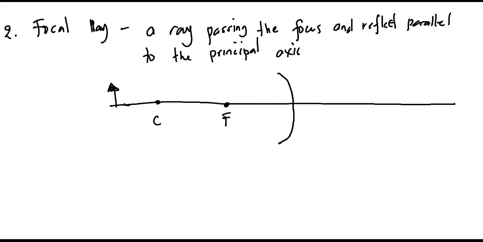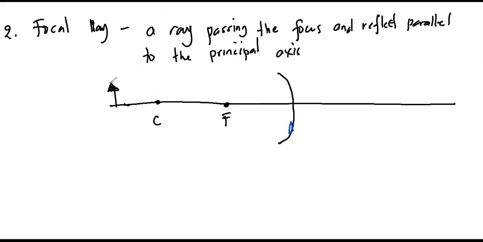Let's use the color blue. In your case, you use a ruler so that you can draw a straight line. It did not pass by the focus, so I'll just repeat my drawing.